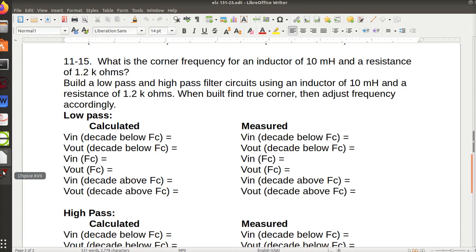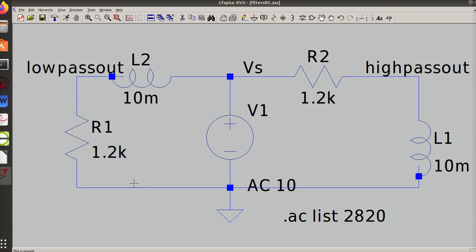So just like in my last video, I put it in SPICE. Now in my last video I had a capacitor where this inductor was, and this was the high pass side. And I had my capacitor where this inductor was, and this was my low pass side. So your high pass and low pass flips with an inductor.